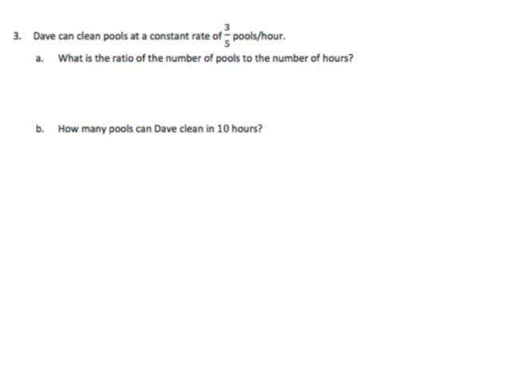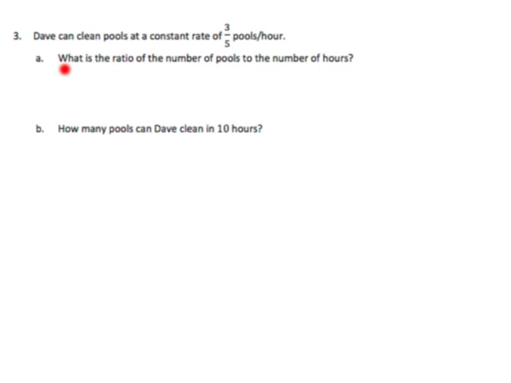Now let's look quickly at practice. Dave can clean pools at a constant rate of 3/5 pools per hour. Now whenever you see these fractions in unit rates, I want you to see that as 3 pools for every 5 hours. 3/5 pools per hour means 3 pools in 5 hours.